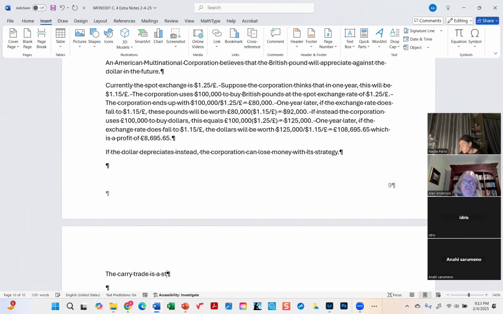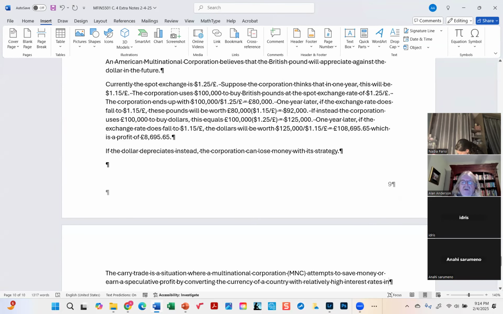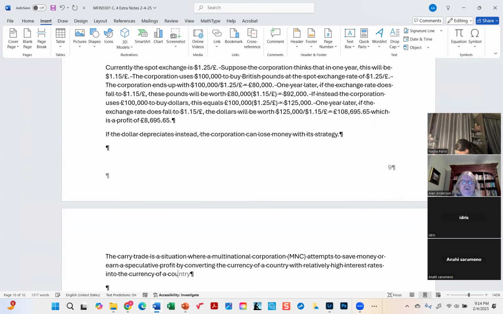It is a situation where a multinational, let's say, attempts to save money or earn a speculative profit by converting the currency of a country with relatively high interest rates into the currency of a country with relatively low interest rates.